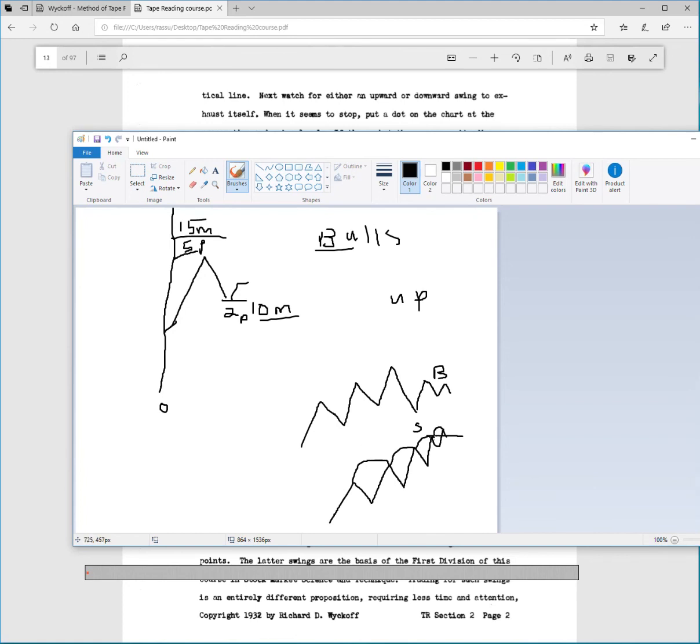So the thrust is shortening at this final high up here. So when you're looking for a change in trend, you are looking for two types of behaviors. One is, in an uptrend, you're looking for a sign of weakness and a shortening of the thrust.